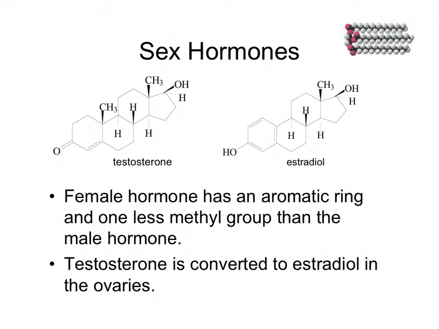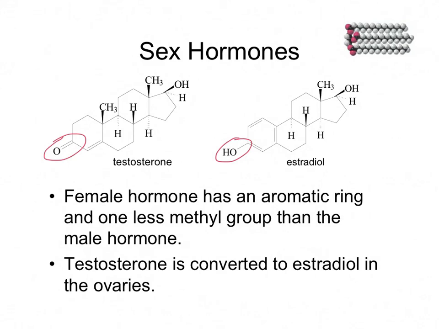The sex hormones, testosterone and estradiol. They're kind of interesting. You can see, of course, the basic steroid backbone, the 6-6-6-5, in both of them. You can see, again, that we have some sort of oxygen at carbon number 3. Double bond O is in testosterone, and OH is in estradiol.